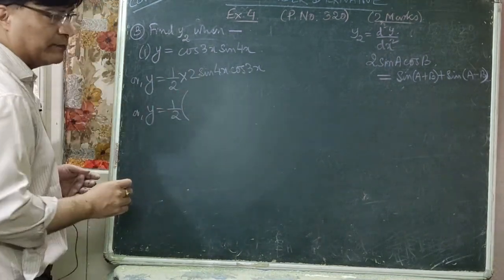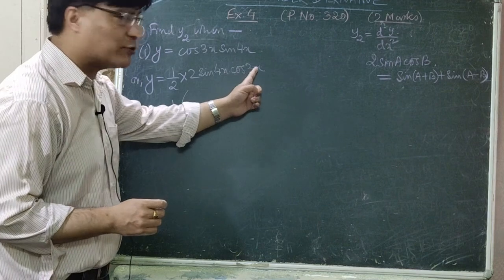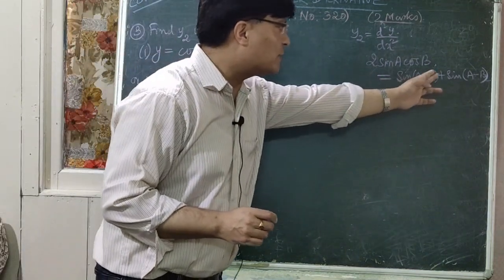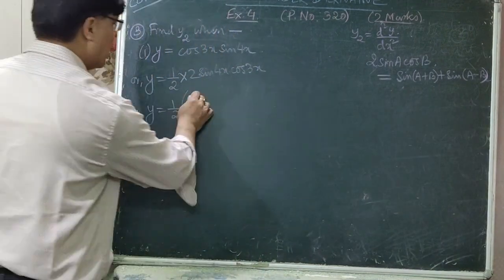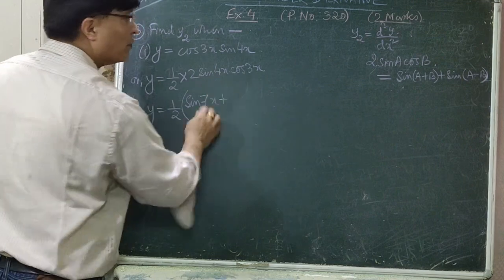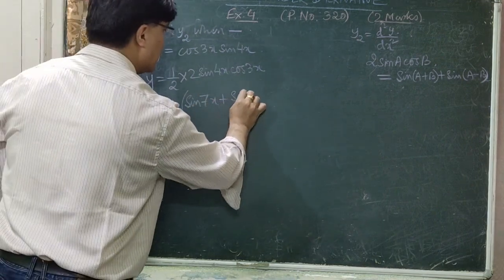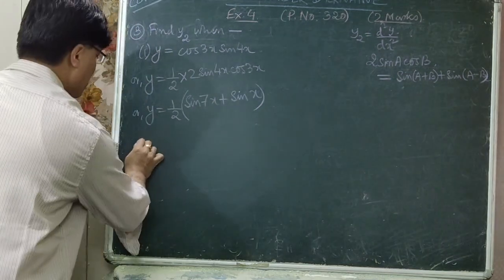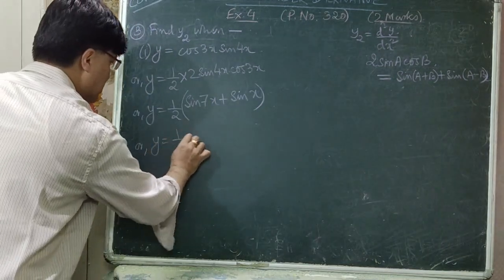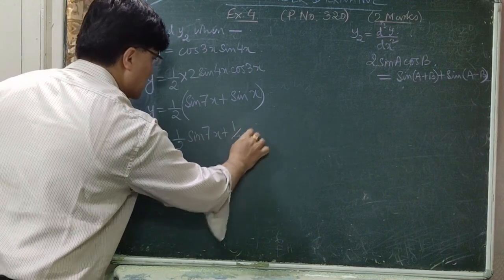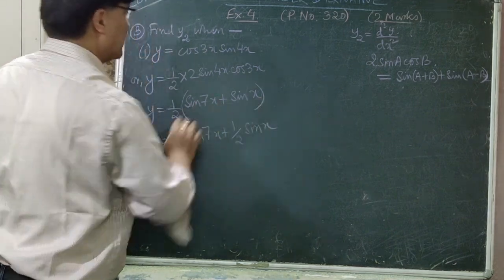Within the bracket, A is 4x and B is 3x, so it is the form 2 sin A cos B. So it is sine of A plus B plus sine of A minus B. What is A plus B? 4x plus 3x, 7x. What is A minus B? 4x minus 3x, that is x. So y is equal to half sine 7x plus half sine x.